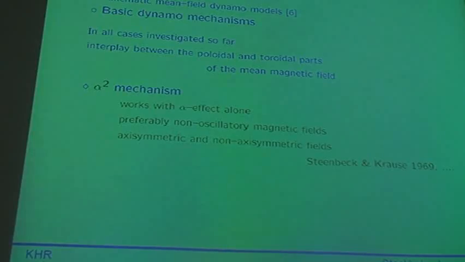You can have dynamos due to the alpha effect, where the alpha effect produces a toroidal field from the poloidal and vice versa.